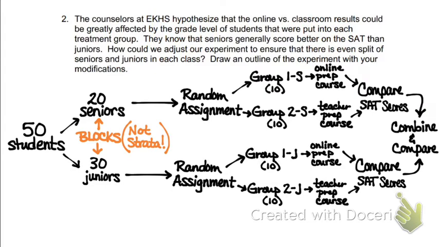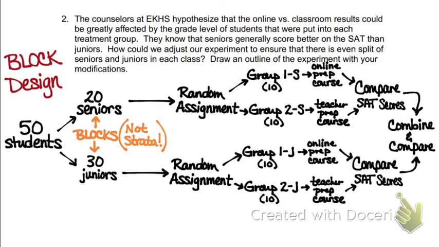So I'd compare these guys. So I want to compare within a block and between the blocks. This is what is called a randomized block design. Or it also just gets called block design.